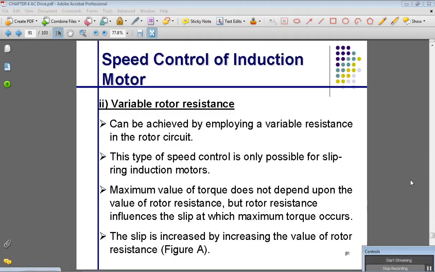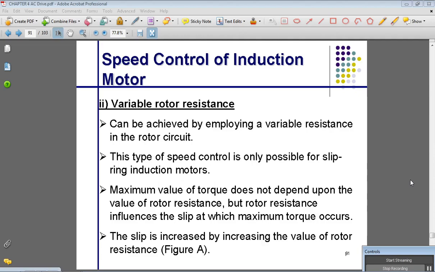So next, the second approach in the variable slip method is implementing variable rotor resistance. This type of speed control is only possible for slip ring induction motors. It is not applicable to cage rotor or squirrel cage induction motors.